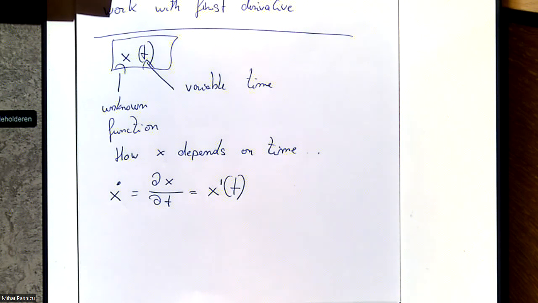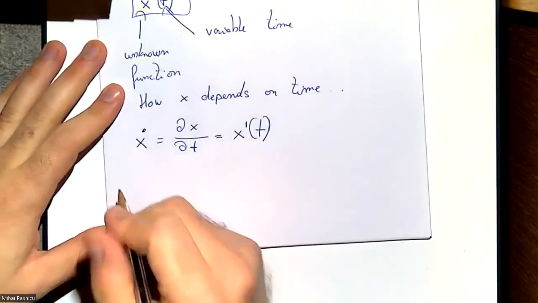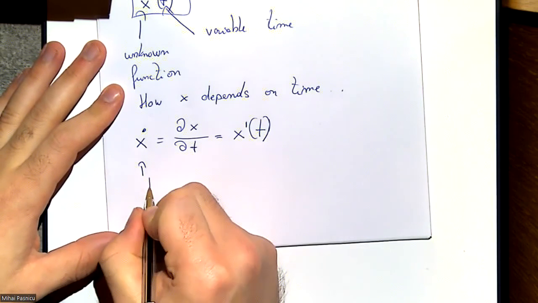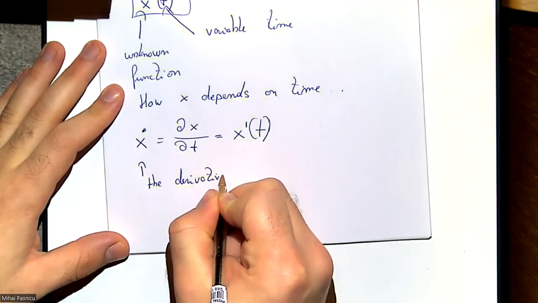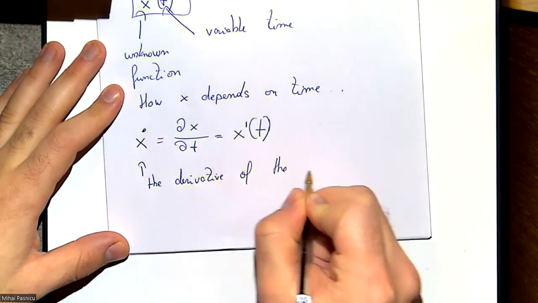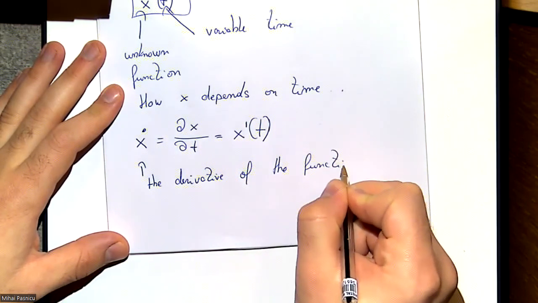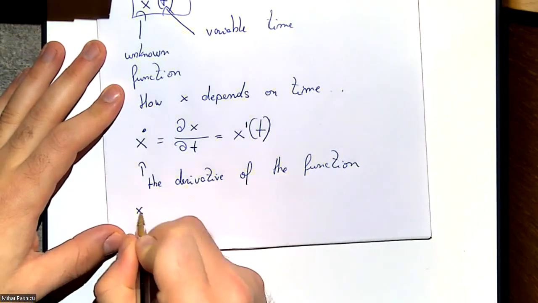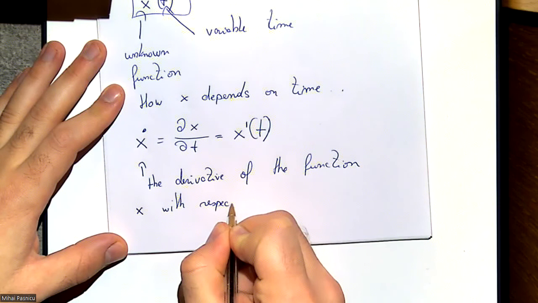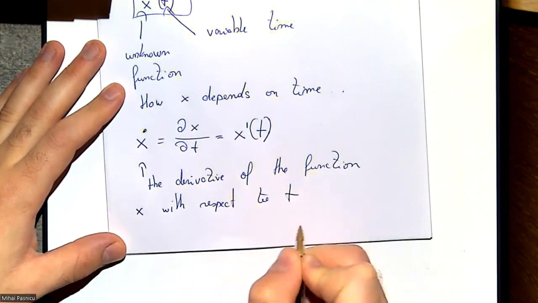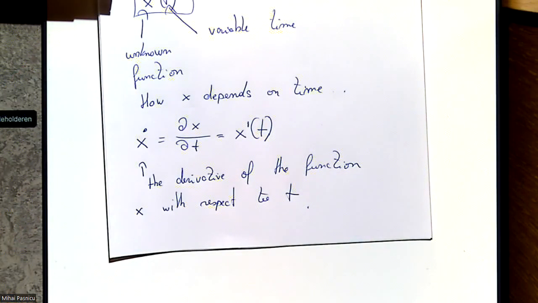Just remember, and I'll write it out just so we're clear on it, x dot is just the derivative of the function x with respect to t. Everyone uses x dot. I have no idea why.